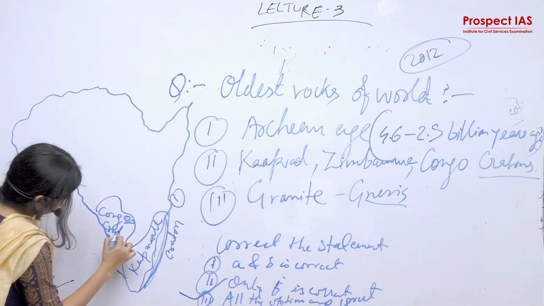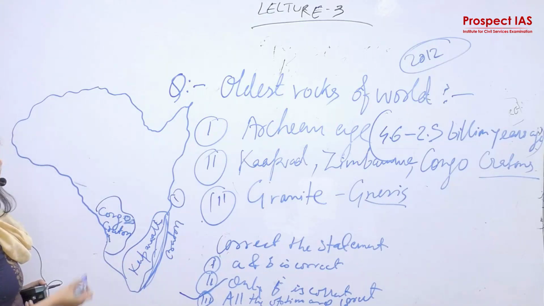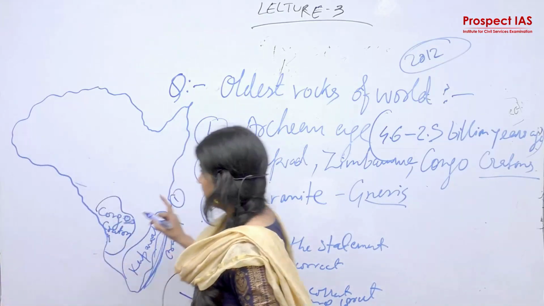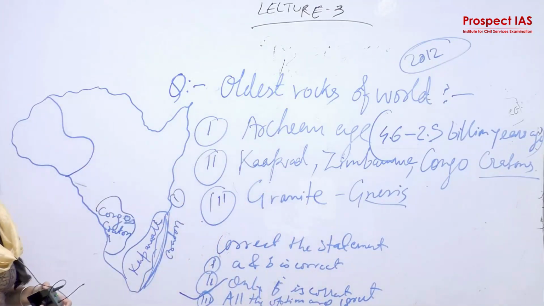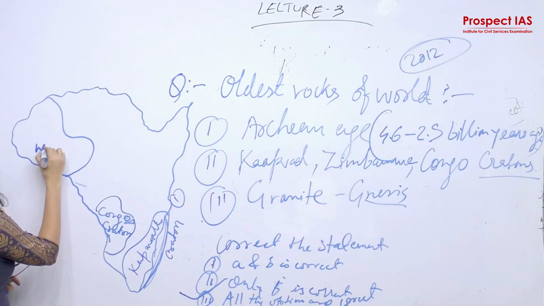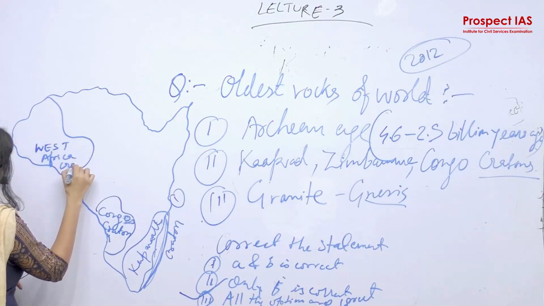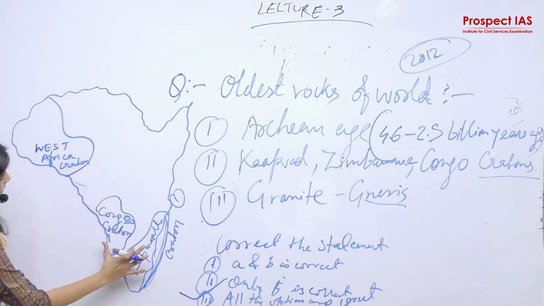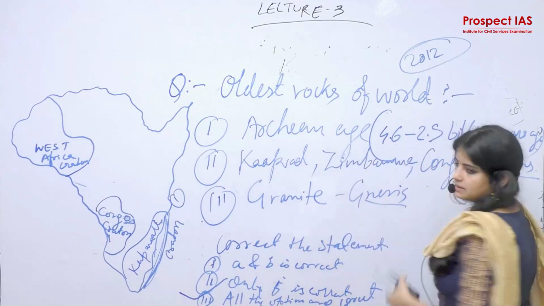Then here is Zimbabwe, or the West Africa Craton. So these three cratons have the world's oldest rock deposits.